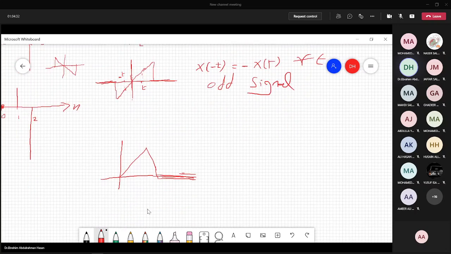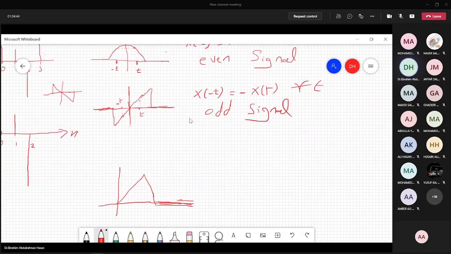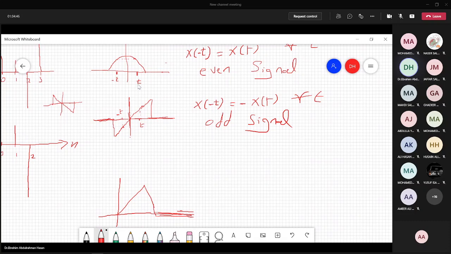But we can do something here to change it to an even part and an odd part. Why am I doing this? Because it will be easier in mathematical operations. If we know it is even, then just calculate the value here and multiply it by 2.